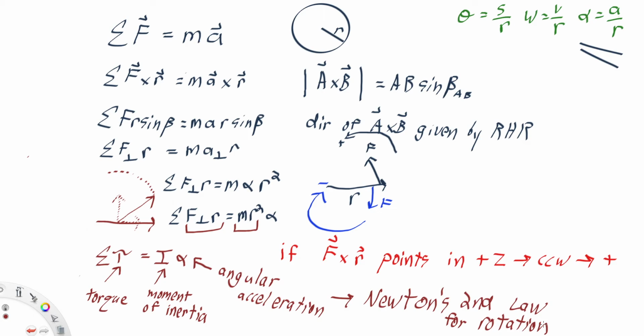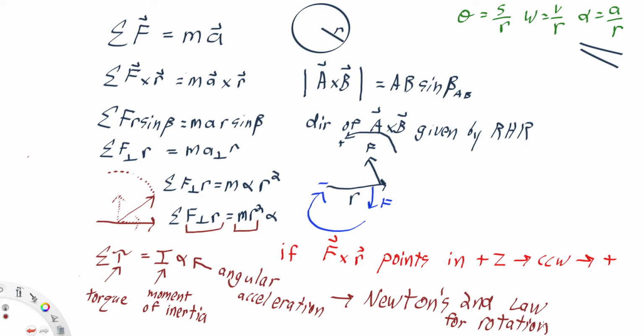So we have split up the force into a part that's perpendicular to our radius and a part that is parallel to our radius. The part of the force that is parallel is going to tend to translate or move the object. And we've already studied that in chapter 4 and 5, right? That's our regular Newton's second law all over again. So it's only the part that is perpendicular to this radius that does something new.